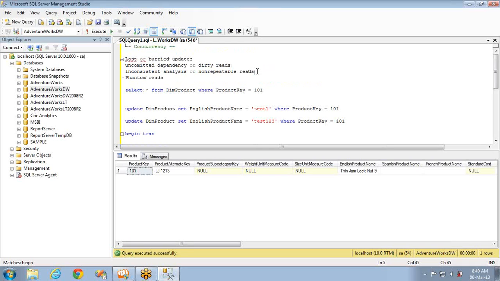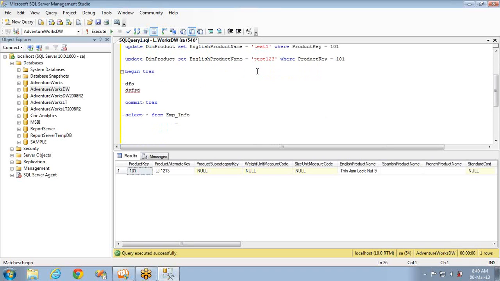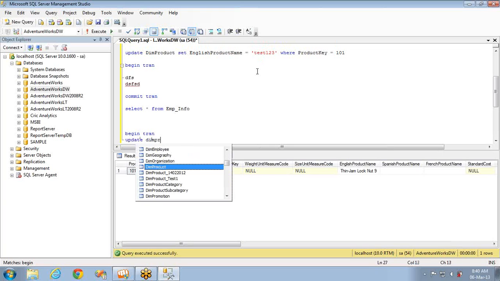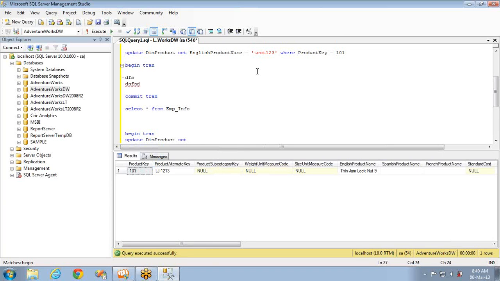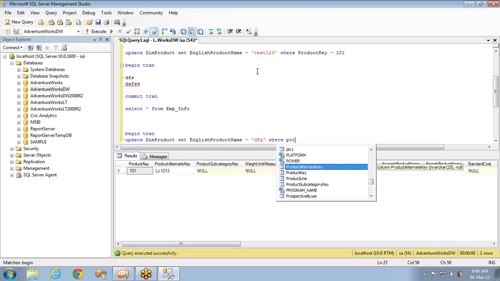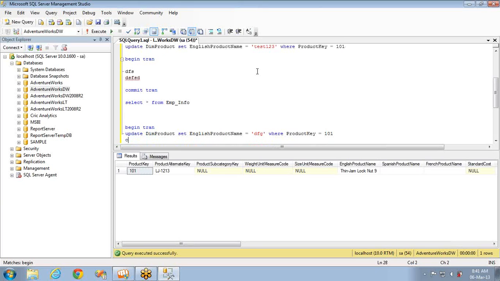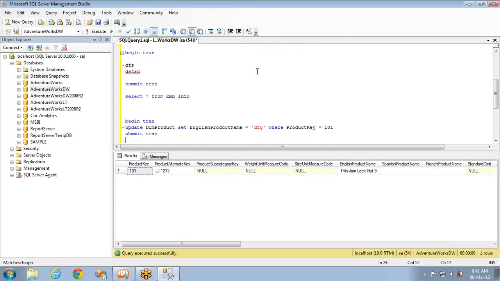So what it means is, let's say I have a simple transaction: begin tran, and I'm updating a table, update the product set English product name equal to something where product key is equal to 101, and commit transaction.